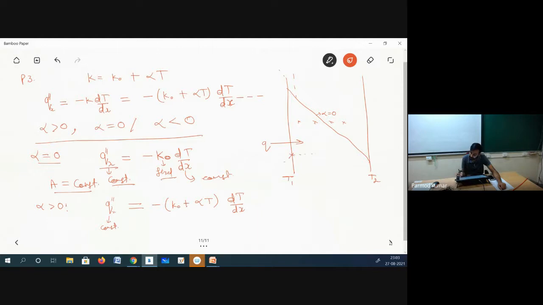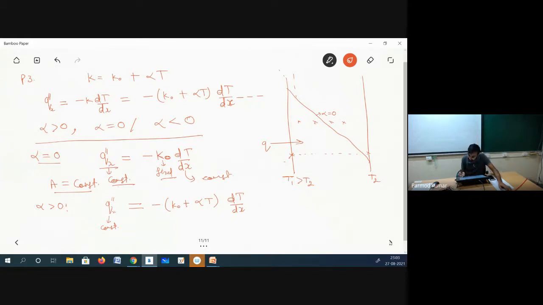Whenever we move from the left face to the right face, what will happen to our temperature value? We know that T1 is greater than T2, only then heat transfers from left to right. So when moving from left to right, temperature will be decreasing, but how much we do not know at the moment, because thermal conductivity is variable.